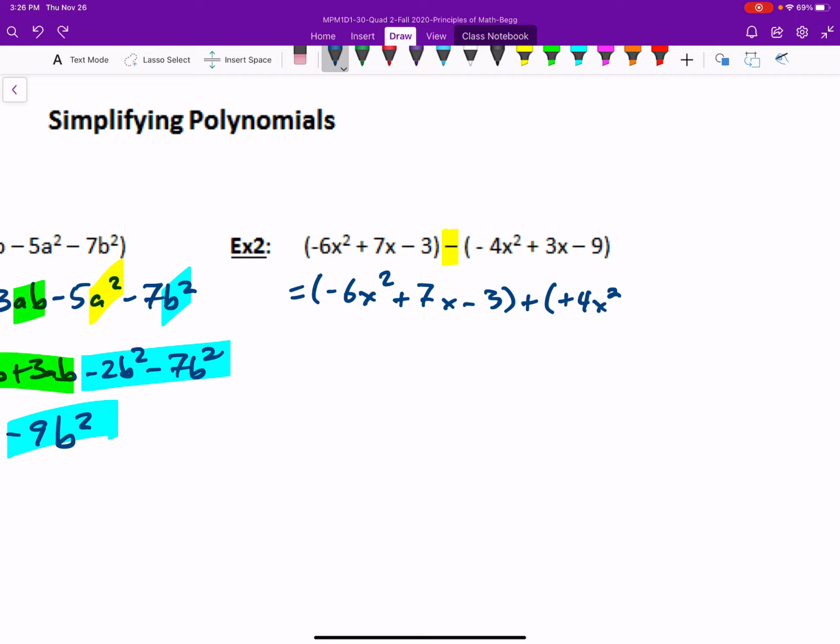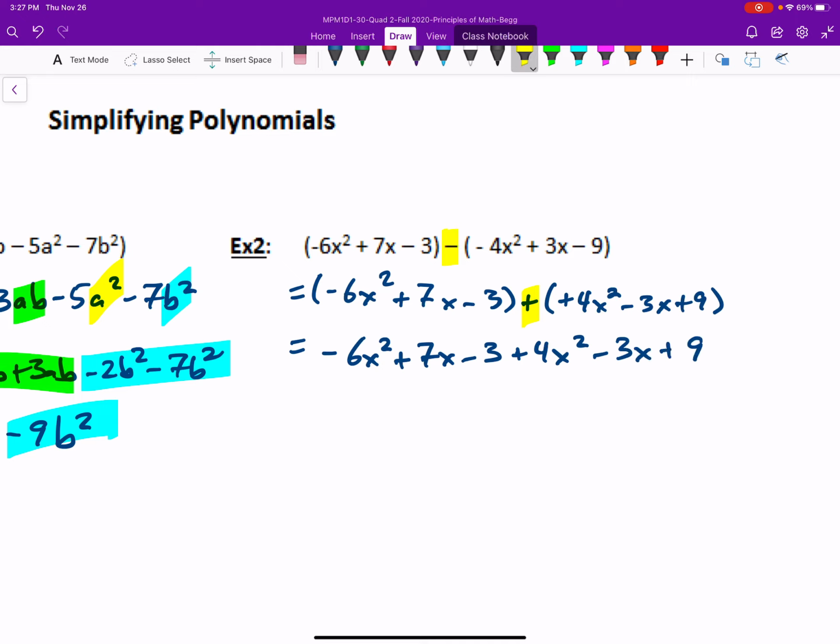Minus 3x plus 9. So I changed all those signs in the second bracket after I changed this minus to a plus, right? Then I can take the brackets off just like I did in example 1. First brackets stay exactly the same. Second brackets, I take those away and I just take the signs I've got.